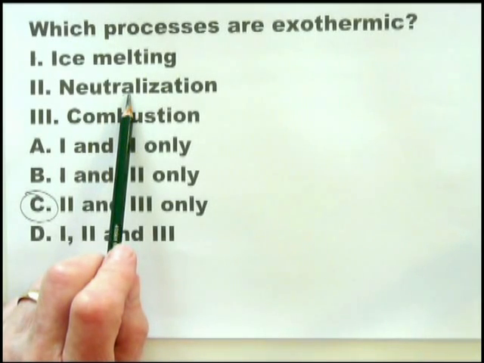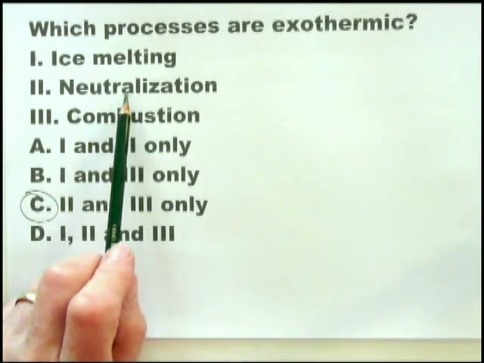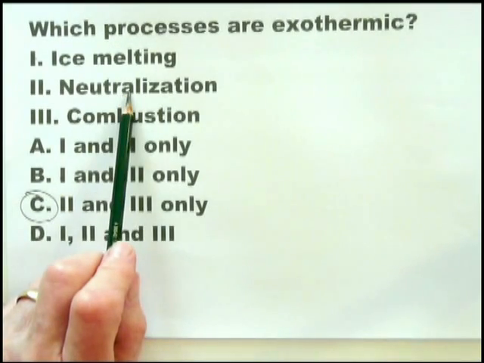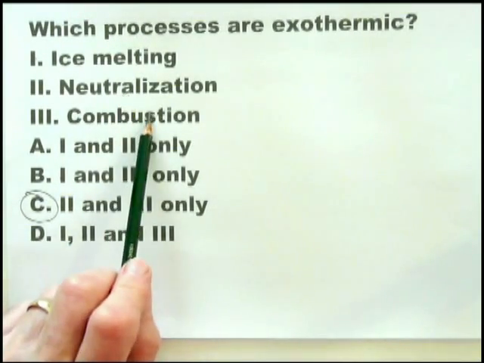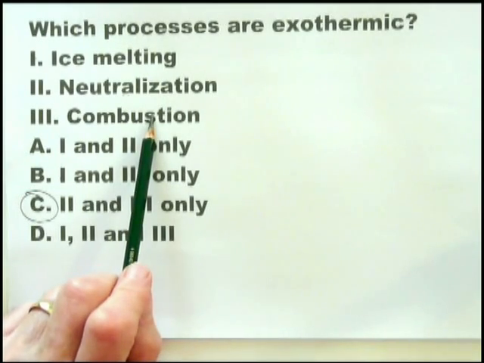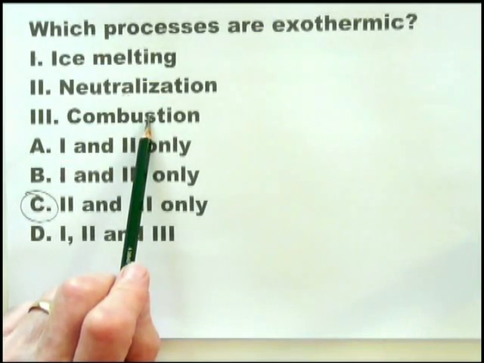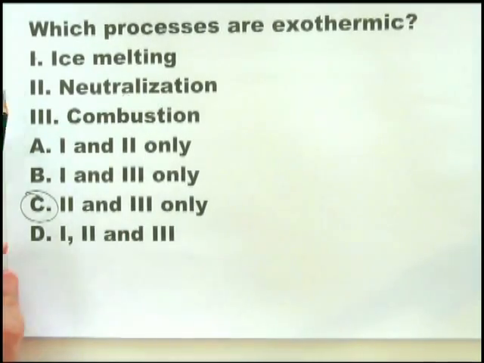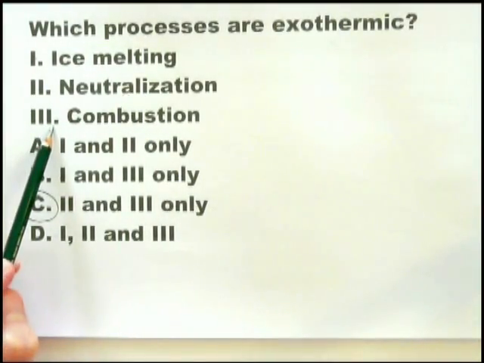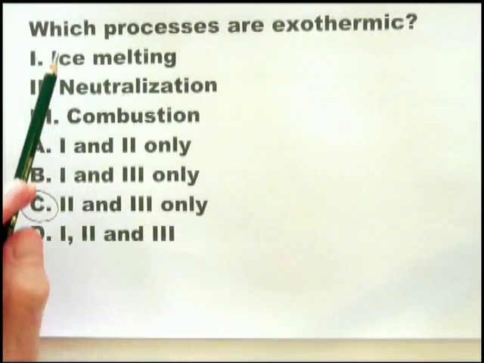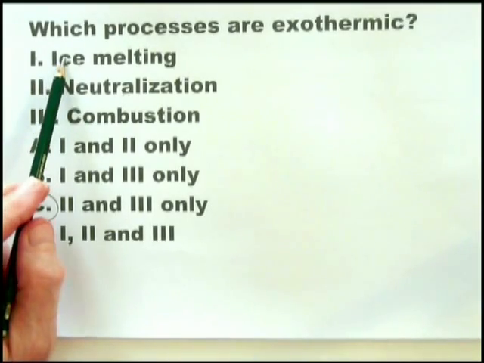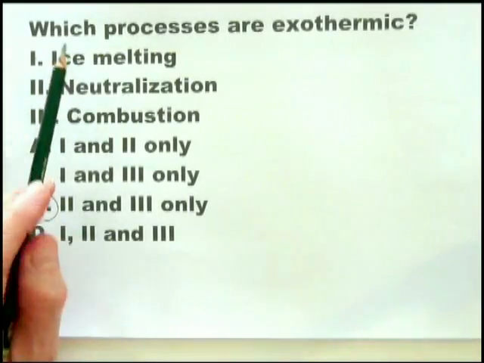It may not get very hot, but it does get warm. Therefore, neutralization is always an exothermic reaction. And combustion, burning, by its nature is exothermic. So yes, 2 and 3 are the correct ones. They are both exothermic. And ice melting, definitely not exothermic.